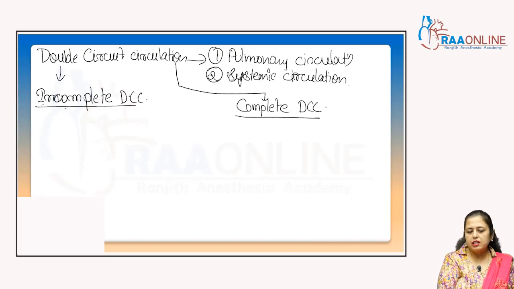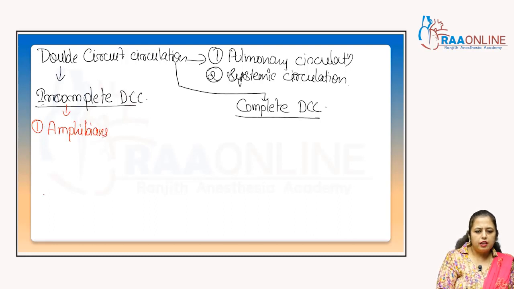Right, what will happen in incomplete double circuit circulation? In incomplete double circuit circulation, examples are the amphibians and the reptiles.